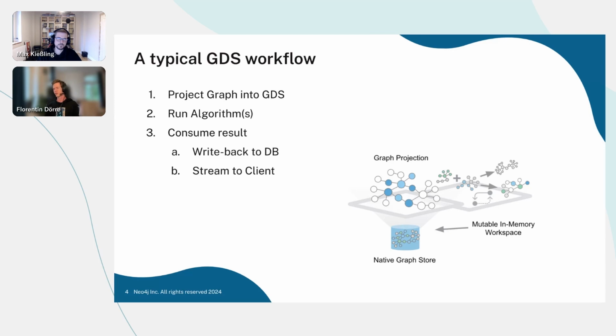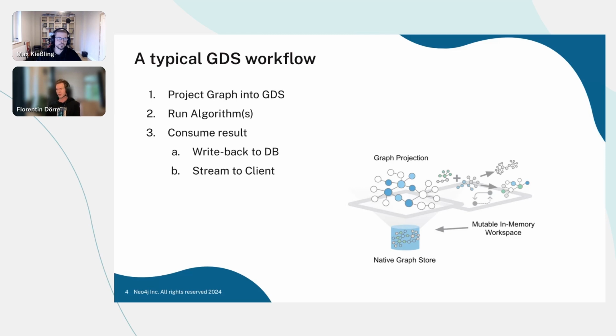So for instance, first component detection, then run something on each component. And once you're done with your pipeline, you can consume the result. And that's either you write it back to the database, so persisting it, or you can also stream it to a client and maybe inspect the results first before you want to write back. And that's what we envision the typical use case with GDS to look like.